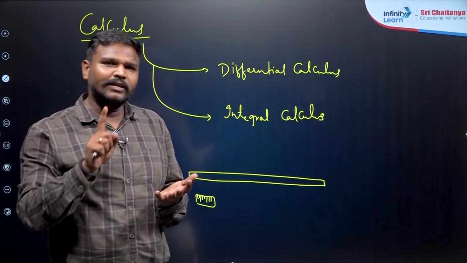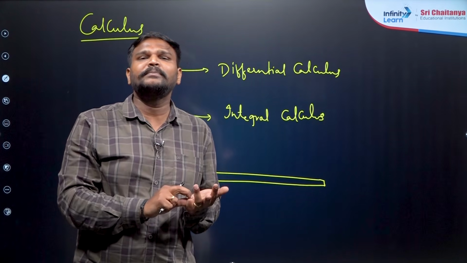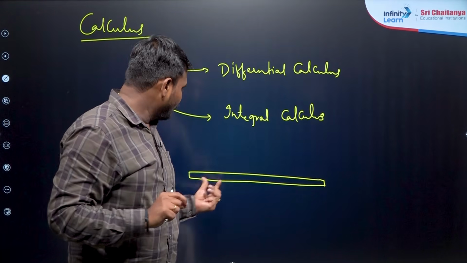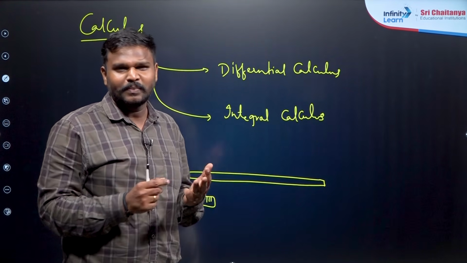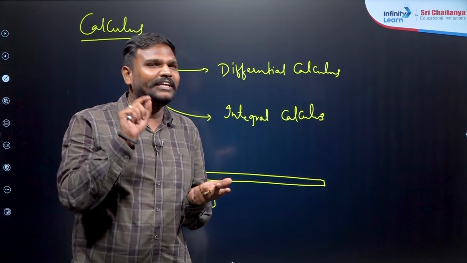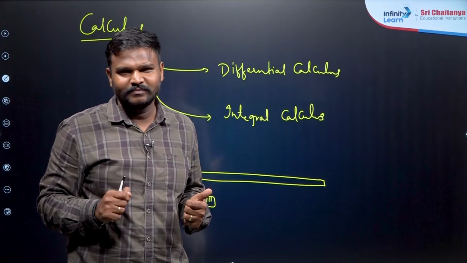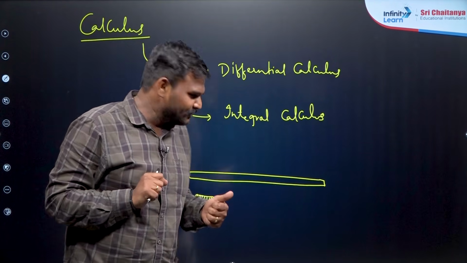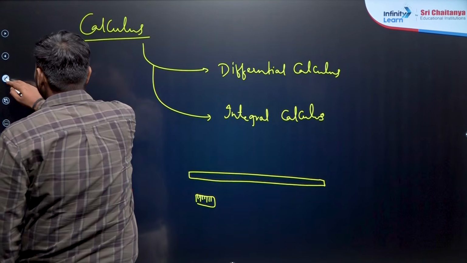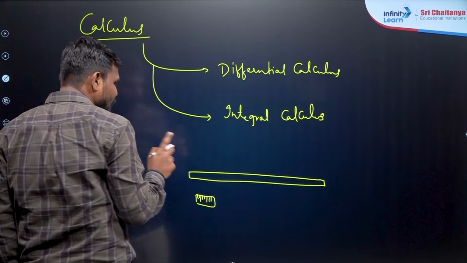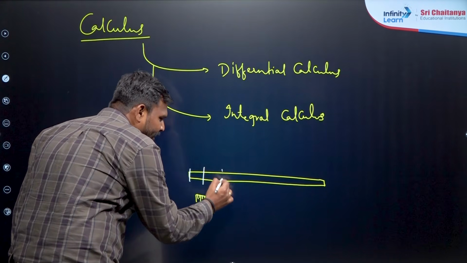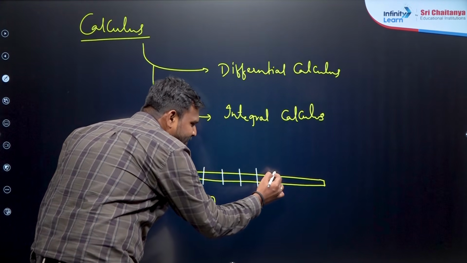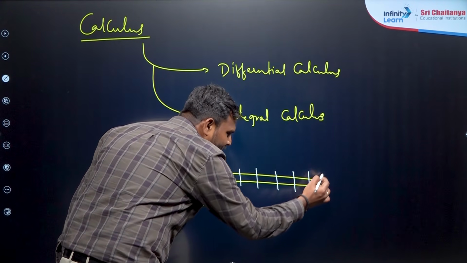So first question, is it possible to measure the length of the rod with this very small scale? Second question, if yes, then how? You're understanding what I'm telling? What we will do here is very simple. We will break the rod into multiple pieces, keeping multiple markings.